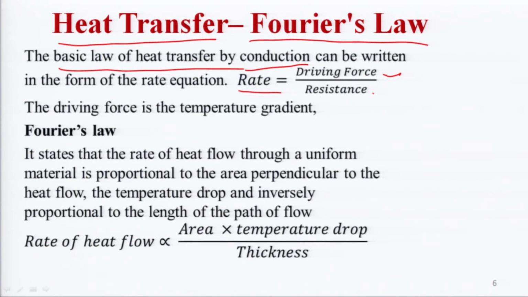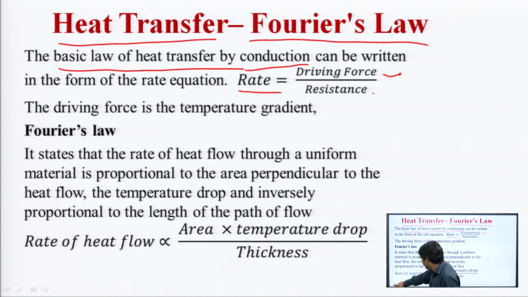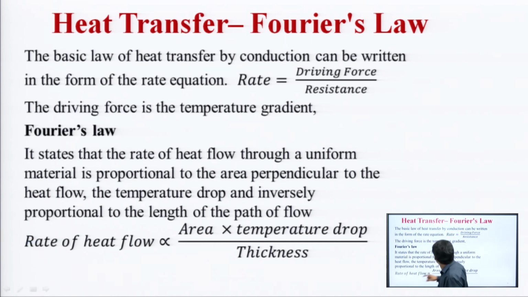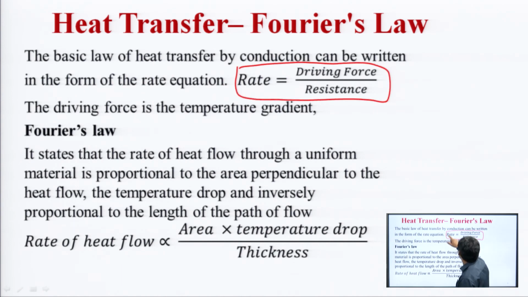So, this is the simplest form of the law, that is, rate is equal to driving force by resistance, where driving force is the temperature gradient, that means change in temperature. Now, what is Fourier's law actually?